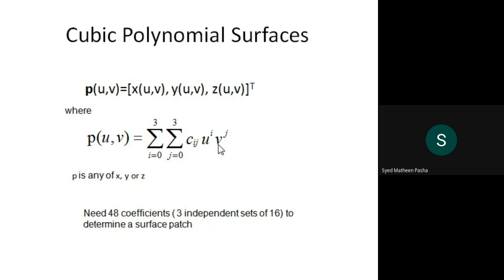So where does this p lie? p can lie in any of the planes, that is x, y, or z. We need a huge number of coefficients so that you can define cubic polynomial surfaces, which are actually dependent on some other set of coefficients, so that you can determine such kind of surfaces, that is cubic polynomial surfaces.